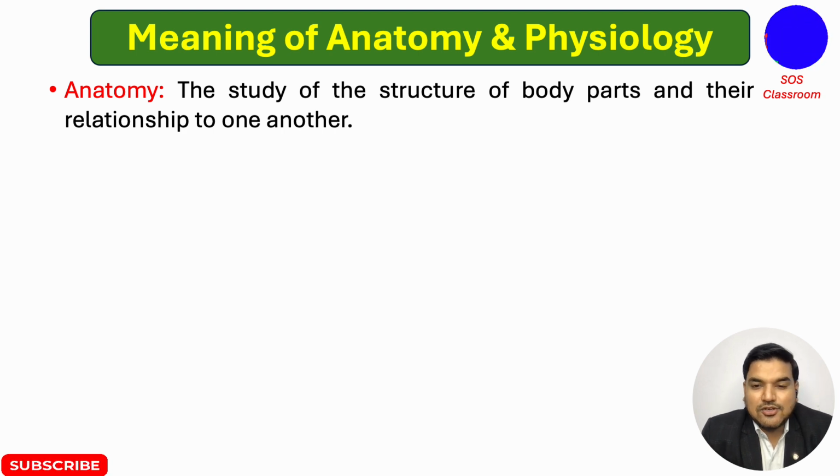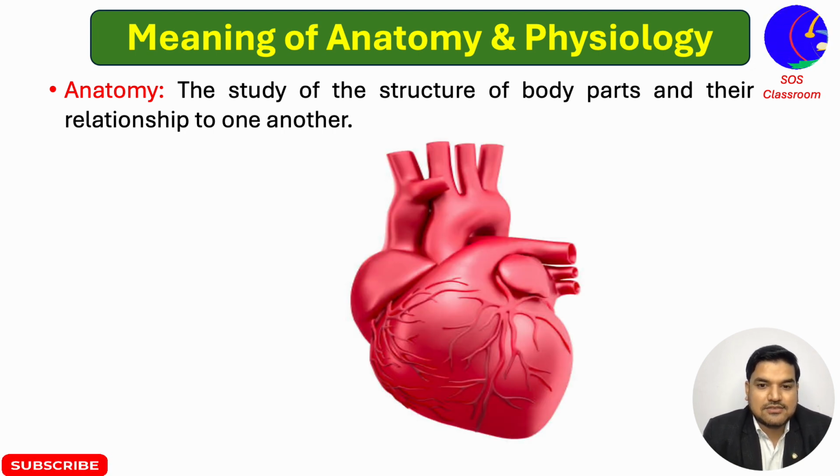Generally, anatomy means the structural study of the body parts and their relation to one another. Their relation to one another means what structures are connected with what structures. For example, this is your heart. If you are studying the heart, what are the chambers of the heart? What are the layers of the heart? How many ventricles and vessels does the heart have?